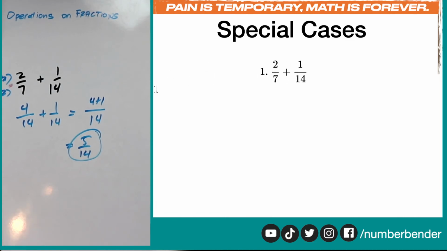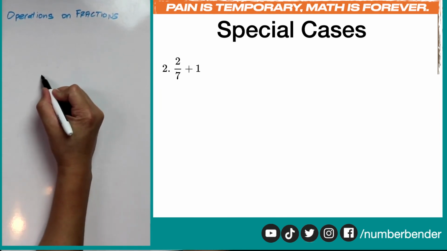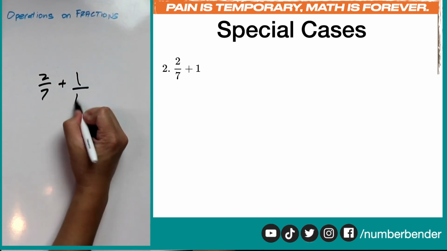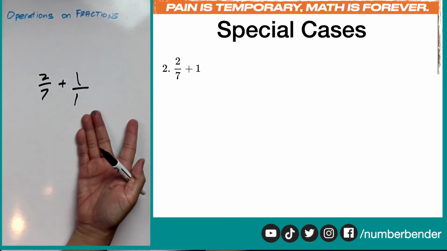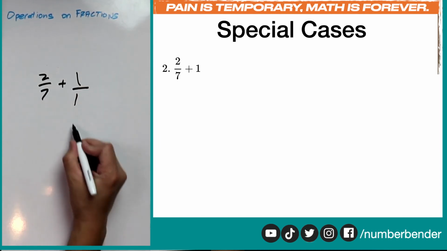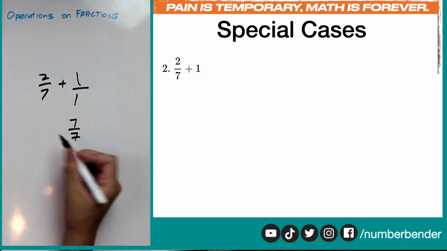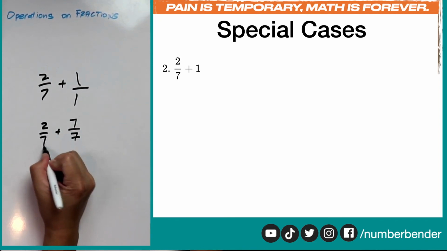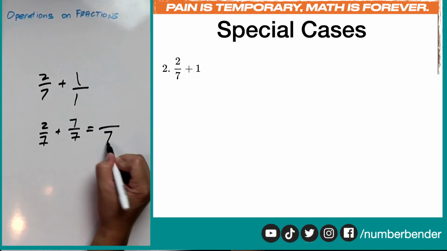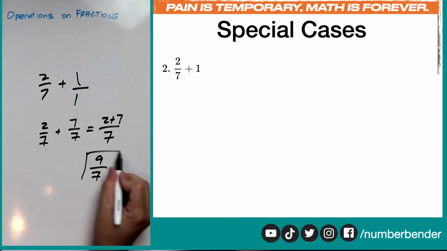So moving on to our second case, 2 over 7 plus 1. Again, if we change this into a fraction, 1 over 1, they have different denominators. But if instead of using 1 over 1, we use 7 over 7, which is ultimately the same as 1 over 1, we'll be able to add 2 over 7 and 7 over 7 easily, because now we have the same denominator, and 2 plus 7 is 9, so the answer is 9 all over 7.